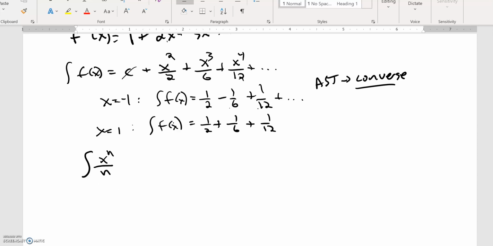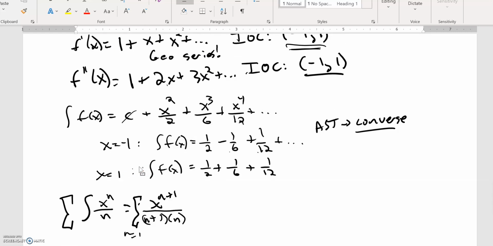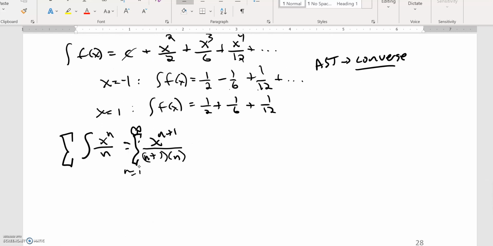And now I'm going to generate this series this way instead, just for some variety. Well, that would be x to the n plus 1 over, and then I'd divide that down, so I'd have n plus 1 times n. That would be the generic term there, and it's the sum of that, from n equals 1 to infinity.